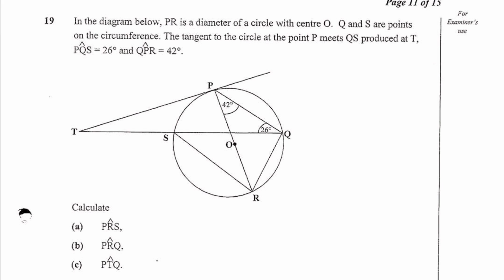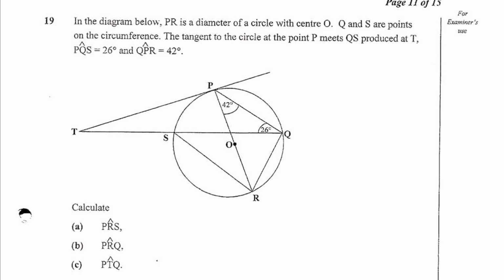In the diagram below, PR is the diameter of a circle with center O. Q and S are points on the circumference.